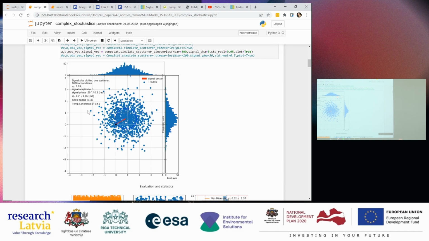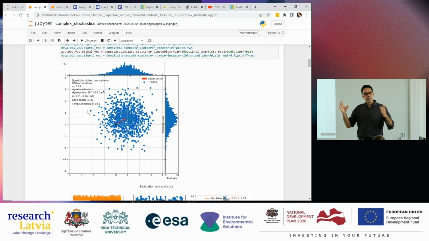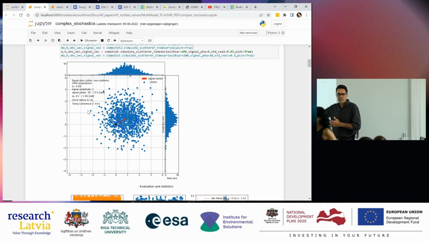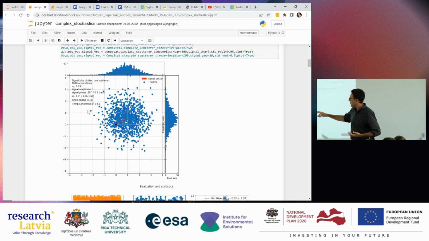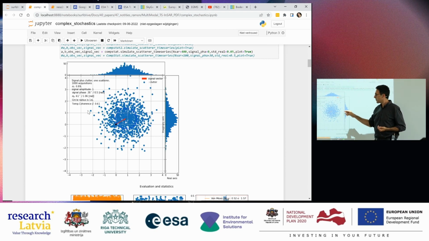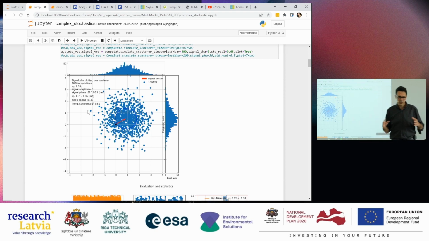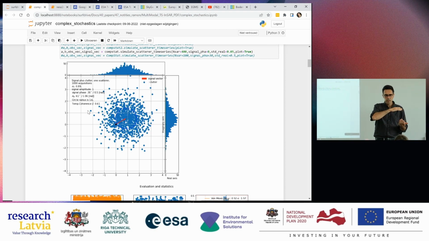Now why is this important? What I would like to show you with this example is that basically every pixel, if you have a radar image, billions of pixels, every pixel has this kind of situation. If I have a cornfield, for example, or a forest, and there is something in the forest that I'm interested in, then the forest had a lot of noise. That means that for that particular pixel, the quality is much poorer than, for example, a pixel which is a corner reflector on the runway of an airfield.